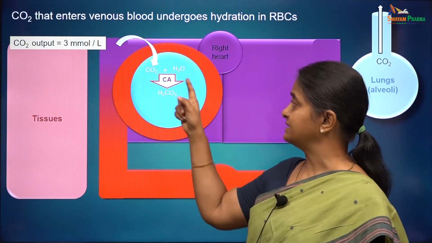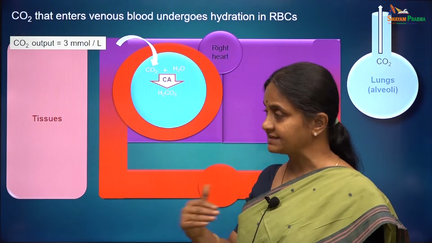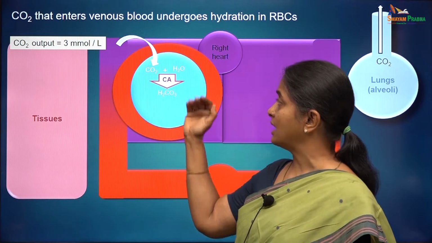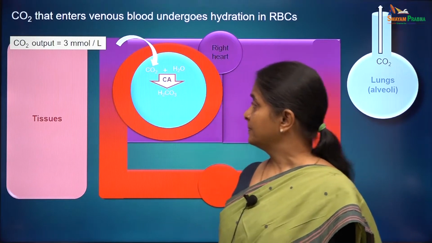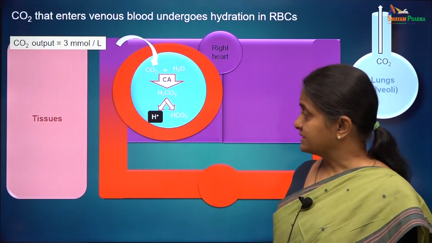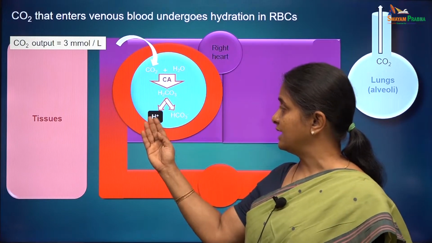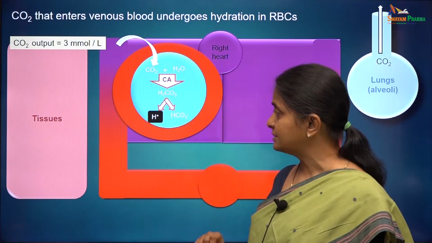Red blood cells have the enzyme carbonic anhydrase and can accelerate the reaction where carbon dioxide gets hydrated. Carbonic acid will protonate to yield hydrogen ions and bicarbonate ions.